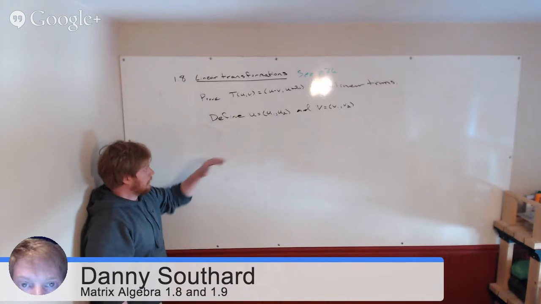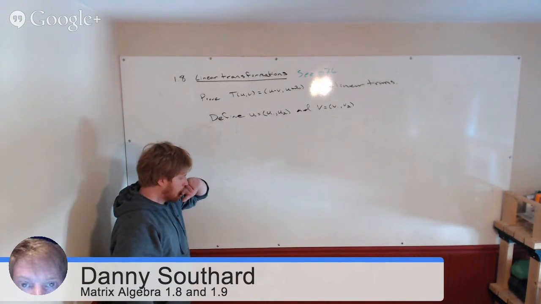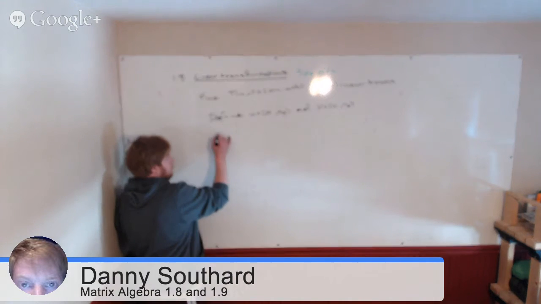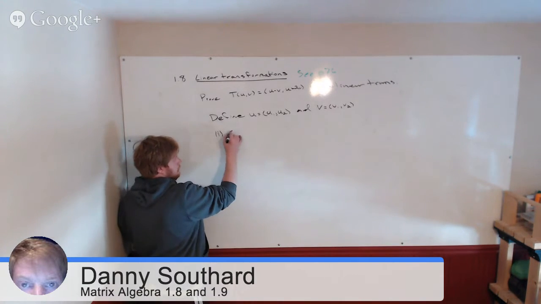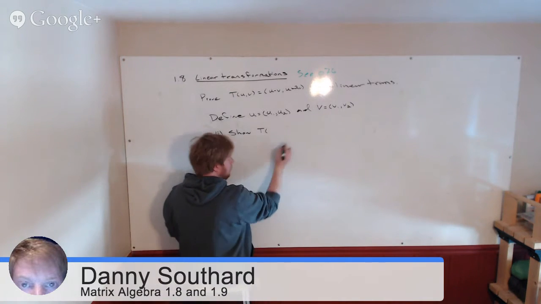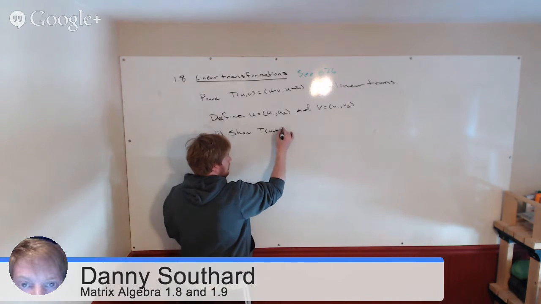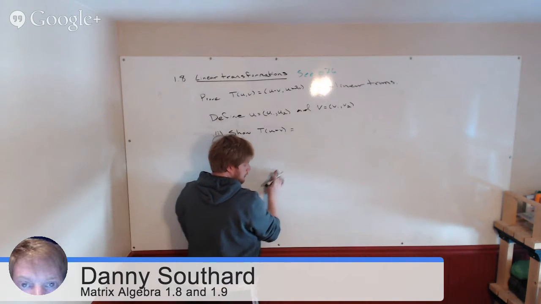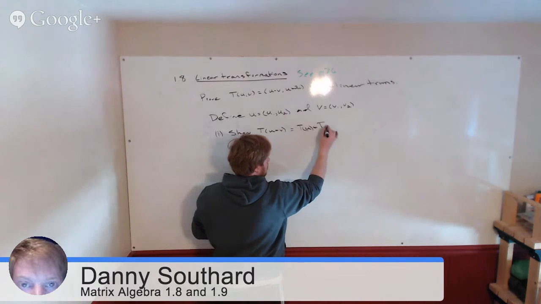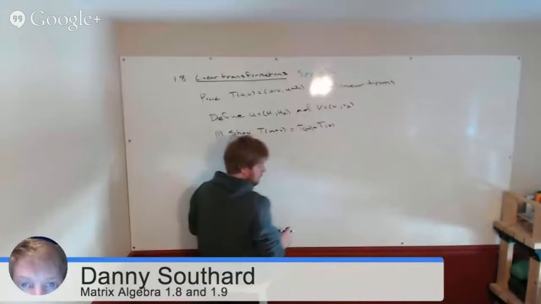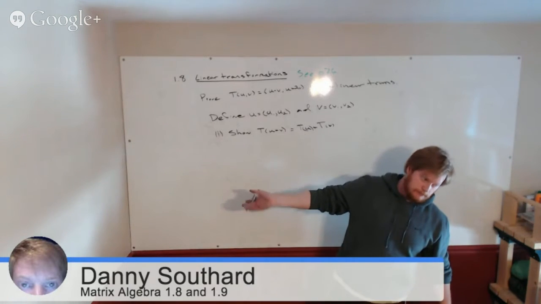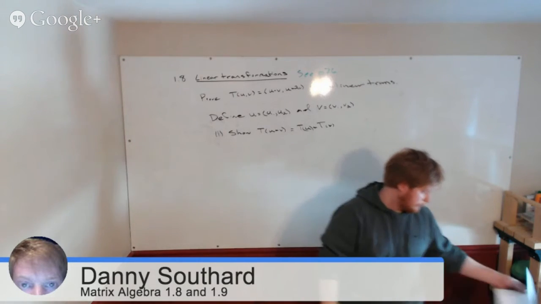So we have defined the two vectors. The first condition we want to show is that T of U plus V equals T of U plus T of V. We're going to start with the left and show that we get the right.